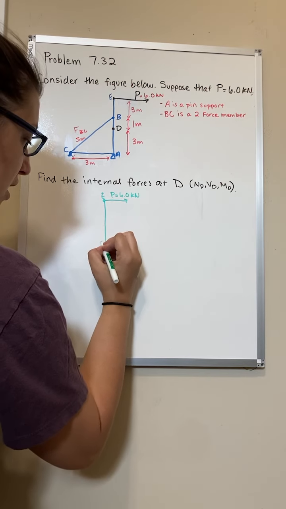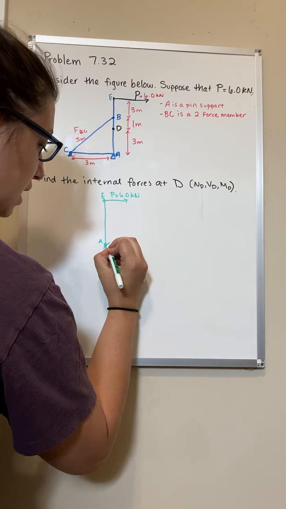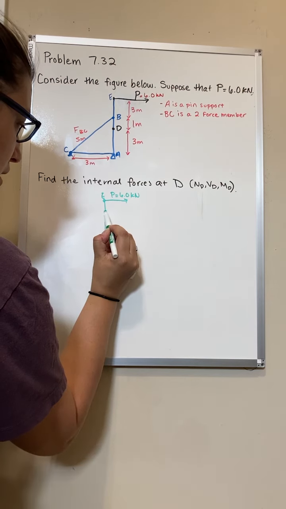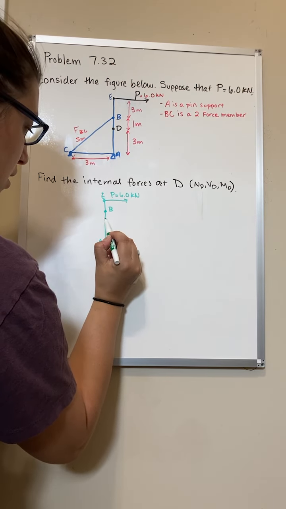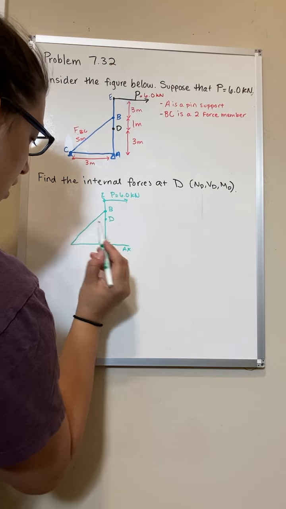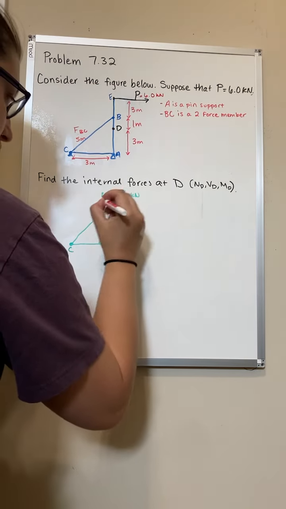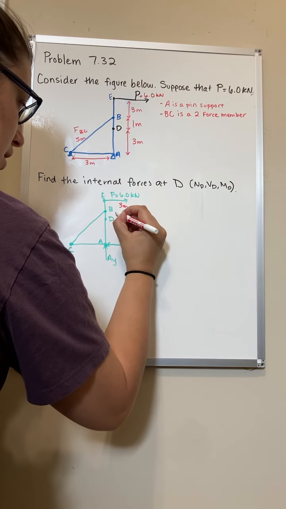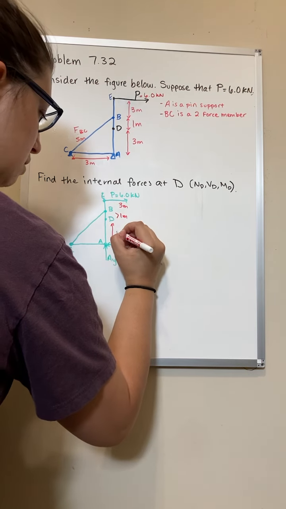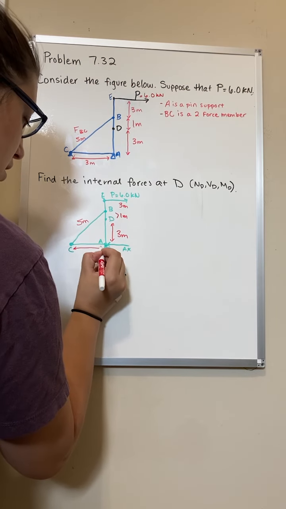We have A, and we have AY, which I'm just guessing is going this way, AX, then we have point B, point D, and then point C. We know that this is 3 meters, this is 1 meter, this is 3 meters, this is 5 meters, this is 3 meters.